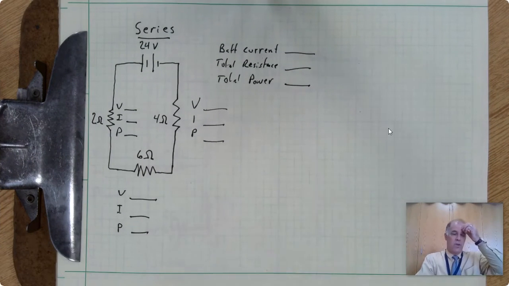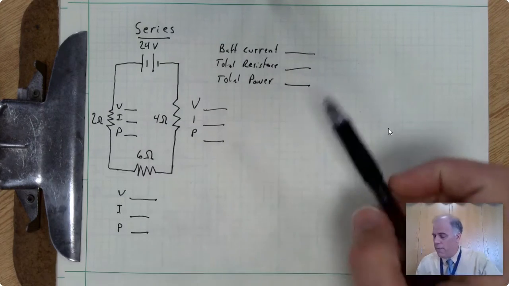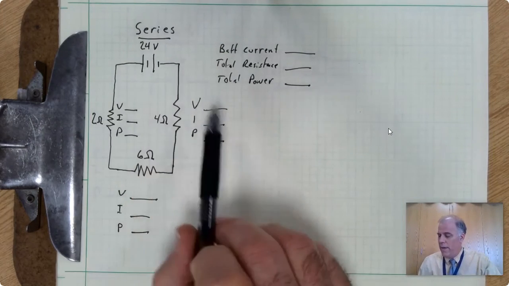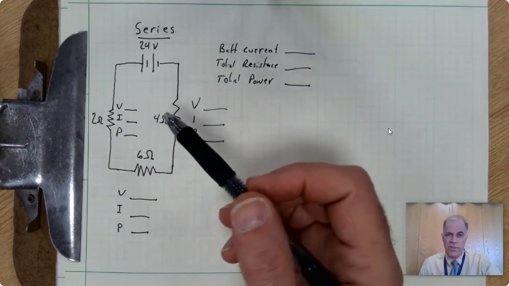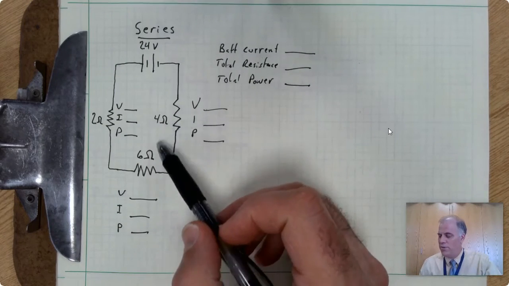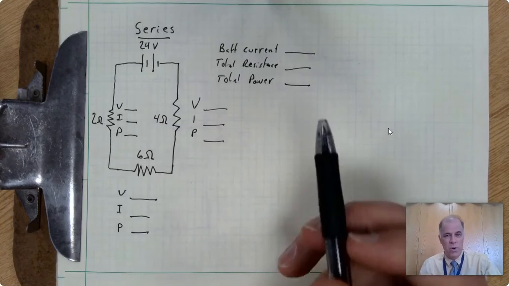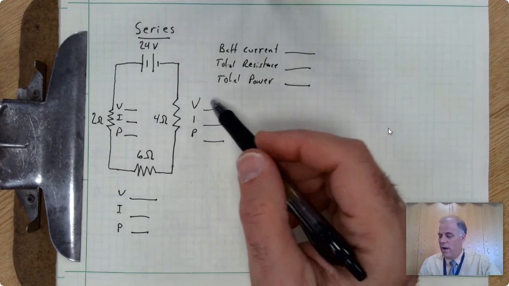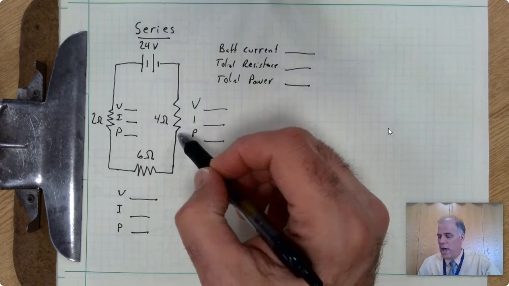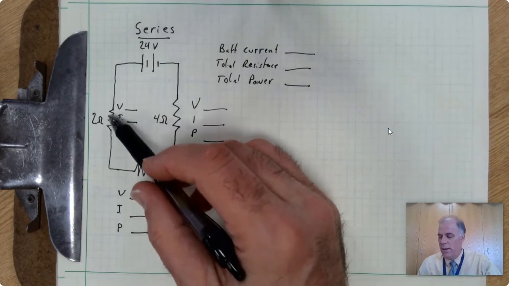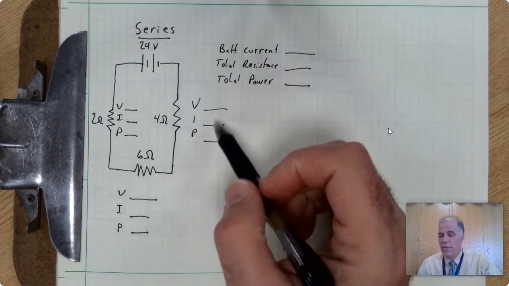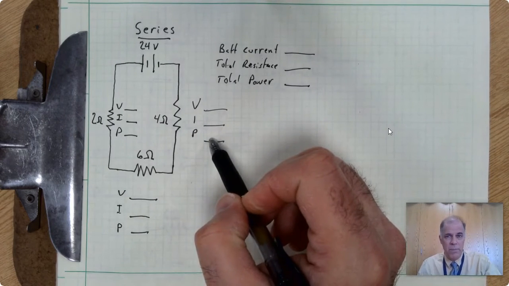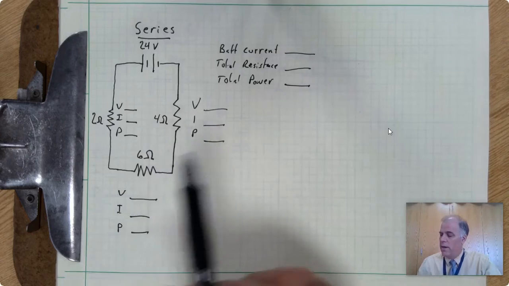All right, so we have a series circuit here with a 24-volt battery, and then there are 3 resistors in series. That's why it's a series circuit, of 4 ohms, 6 ohms, and 2 ohms. And our goal, as I said before, is to figure out how much voltage is used up by each of the resistors, the current flowing through each of the resistors, and the power produced or dissipated by each of the resistors.